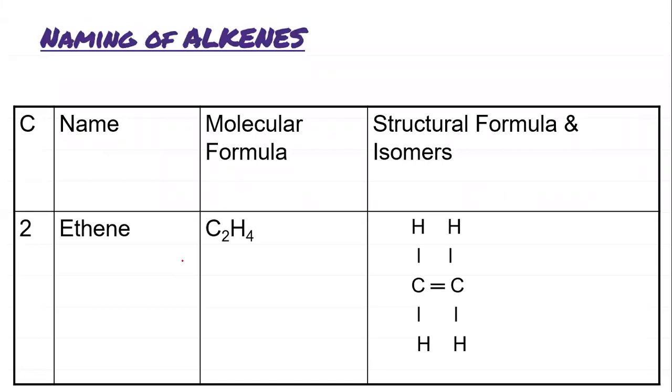So when we look at alkenes, I want to give you an idea there. There is no way that you can have an alkene with 1 carbon. Why can't you? Because with an alkene, you need to have a double bond between carbon and carbon atoms.